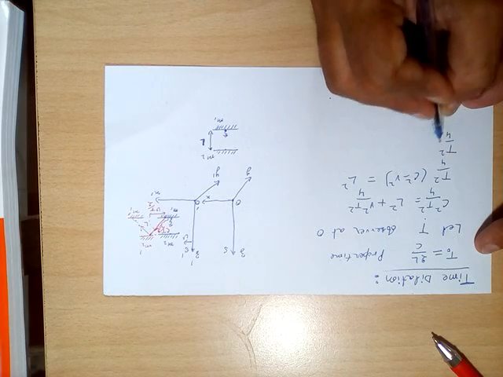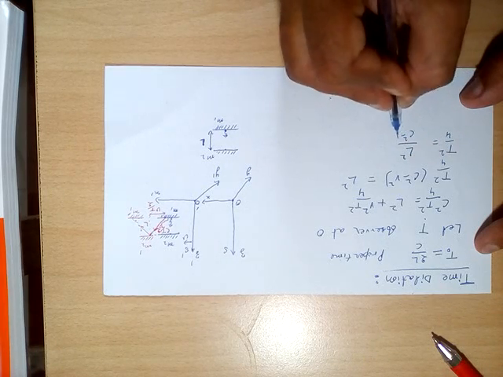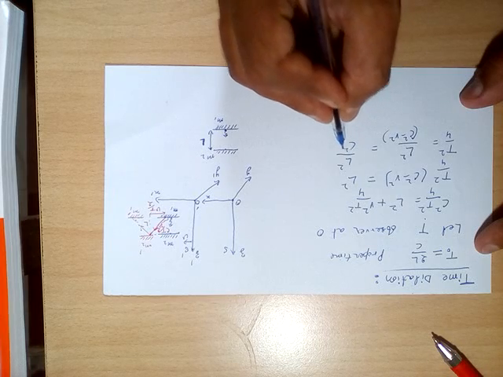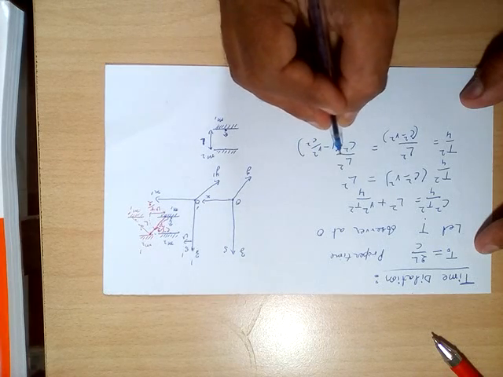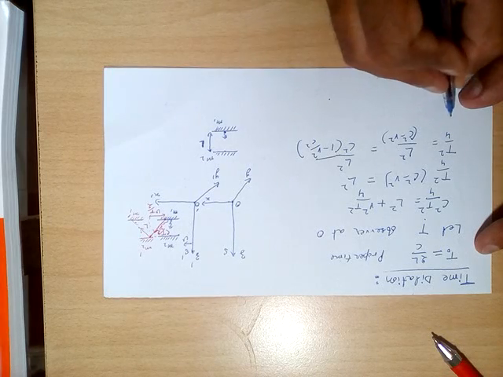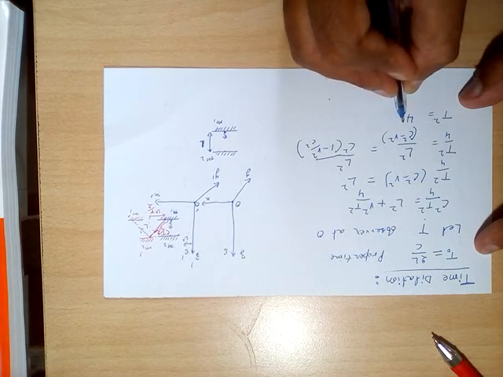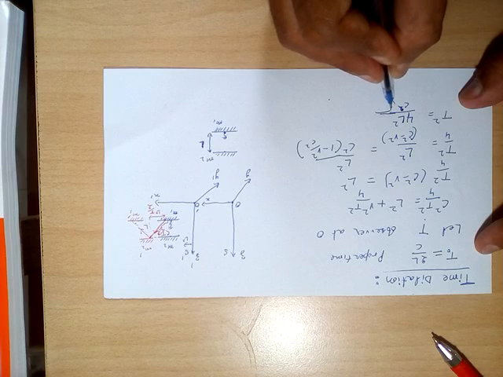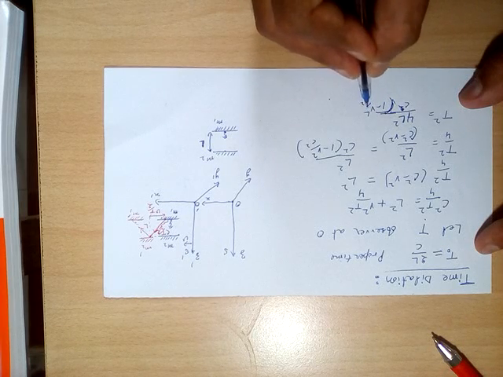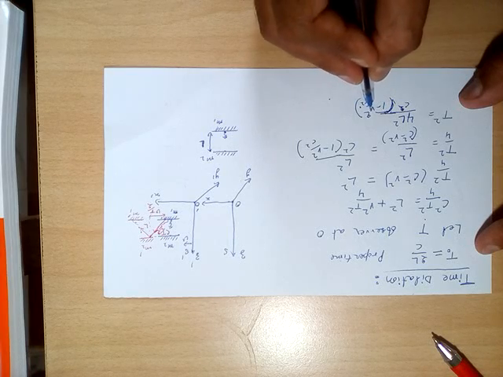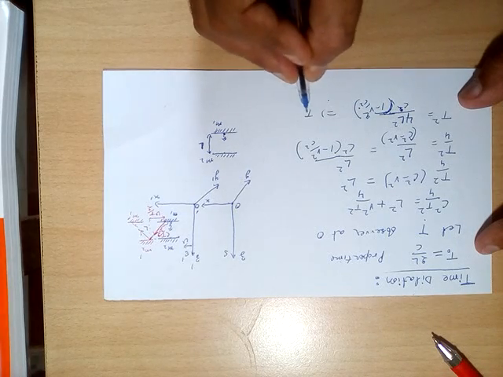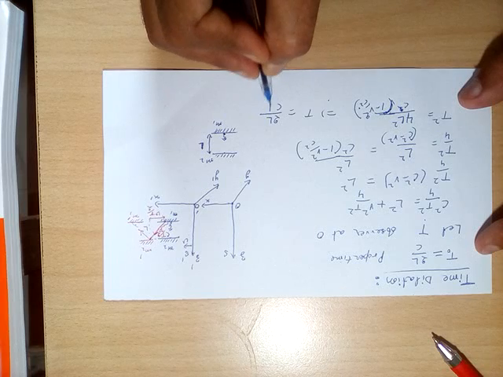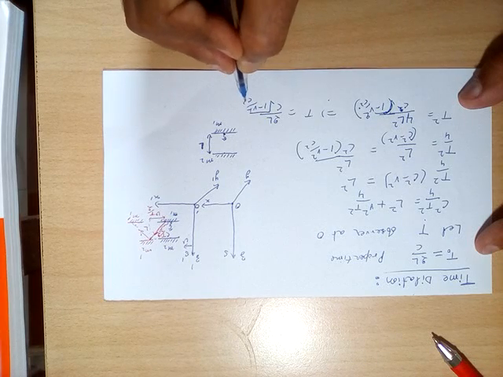From here we can write T square by 4 is equal to L square upon c square minus v square, or I can rewrite it like this: L square upon c square, I take common, 1 minus v square by c square, and this T square we can write as 4 L square by c square into 1 minus v square by c square, or we can write T is equal to 2L by c and root 1 minus v square by c square.